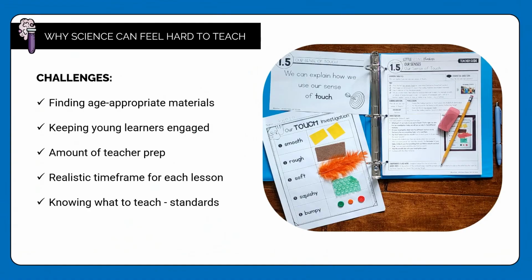Some other challenges include finding ways to present concepts that keep your students engaged, finding materials that are manageable for you to prepare, and designing lessons that fit within your limited instructional time. Also, knowing what to teach as far as the standards.